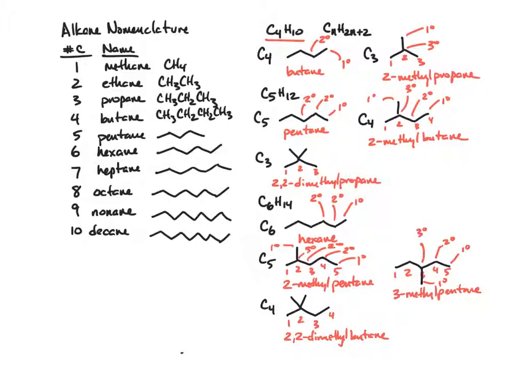Let's go ahead and classify the hydrogens. These methyl groups are all equivalent. They're all primary hydrogens. This carbon here at 2 is bearing no hydrogens. We have 2 hydrogens, so that's secondary, primary.